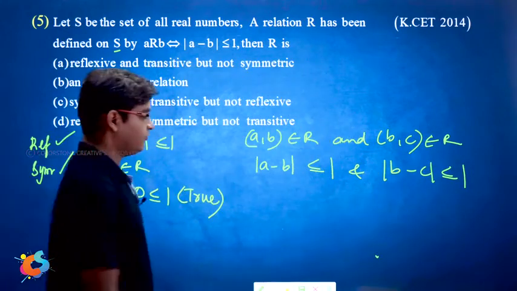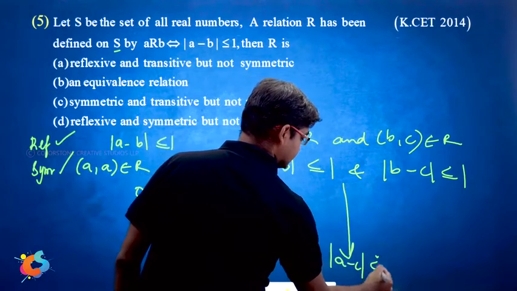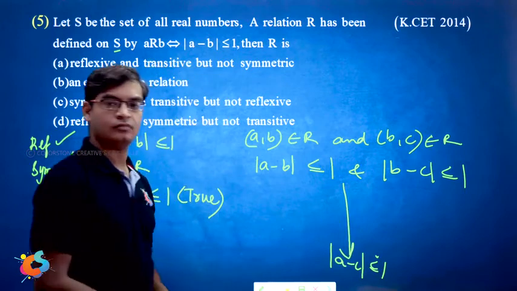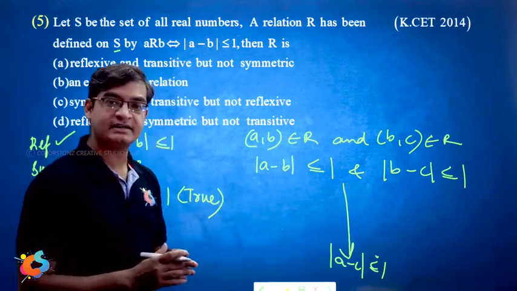Can I say from here that the modulus of A minus C is less than or equal to 1? Certainly, just by seeing, I can say that this is not right.